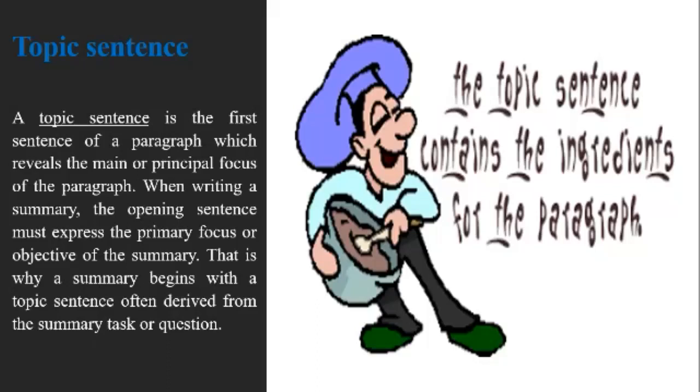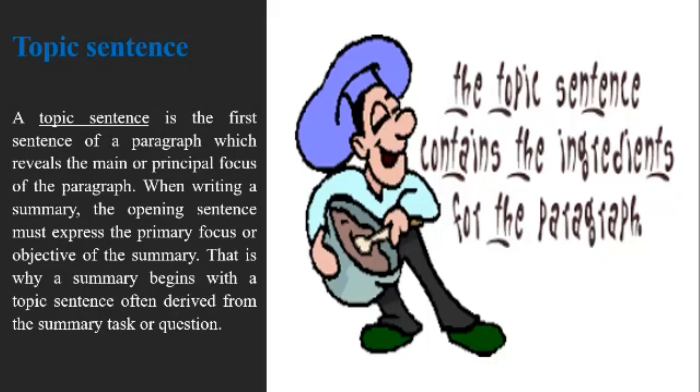The topic sentence of a paragraph is more or less the first sentence of a paragraph, and that sentence does just one job. The singular job is that it tells the reader what the focus of the paragraph is.